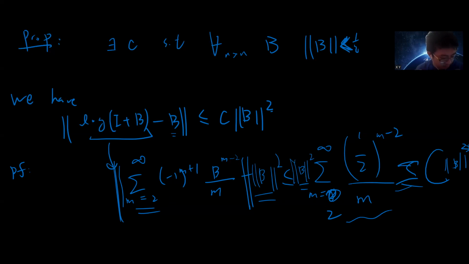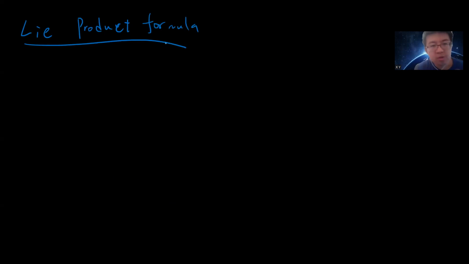So once you combine this, let's prove the Lie product formula. Since we have the matrix logarithm, simply speaking, when the norm of A minus I is less than or equal to 1, then we have the matrix logarithm and the exponential inverse.